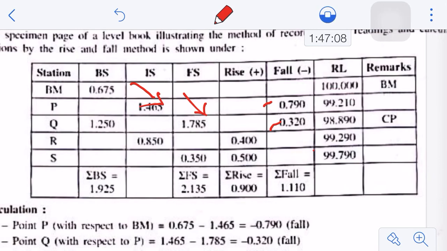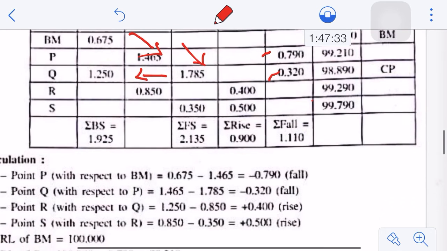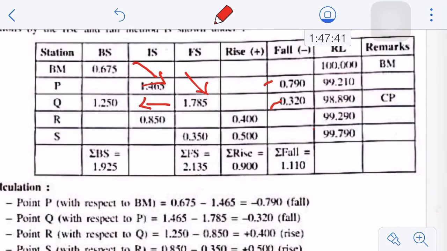And again you see this is a change point. After reading 3, you moved from reading 3 to reading 4, that is from 1.785 to 1.250. Now your reading is decreasing, that's why it is indicating a fall. But generally, once we have computed the RL for Q, we are now moving from 1.250 to 0.850.